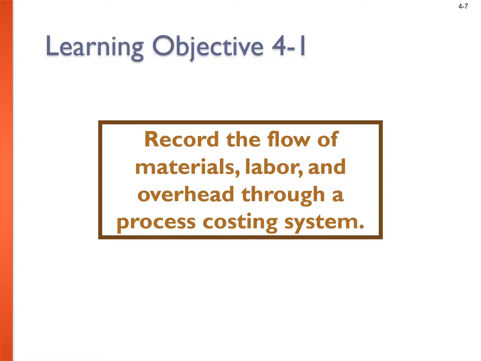They're either preparing, cooking, packaging, and inspecting to get to the finished goods. So that's what we're talking about here. When we talk about process costing, you have to have departments that are set up doing the same thing. And what comes out of each department is homogeneous. It's always the same. So now we're going to look at recording the flow of materials, labor, and overhead through the process costing system.